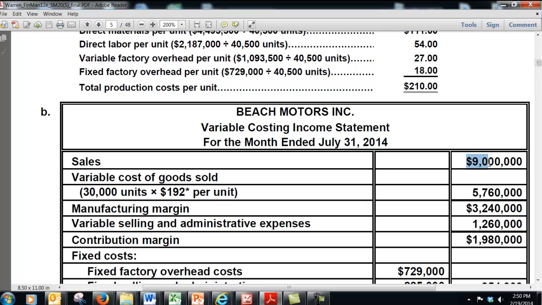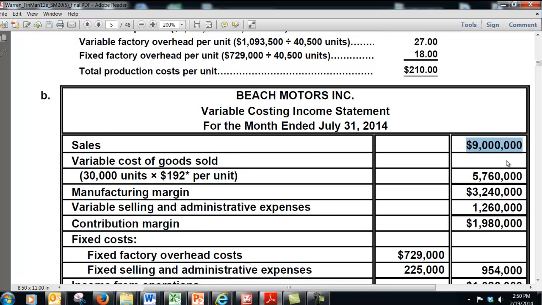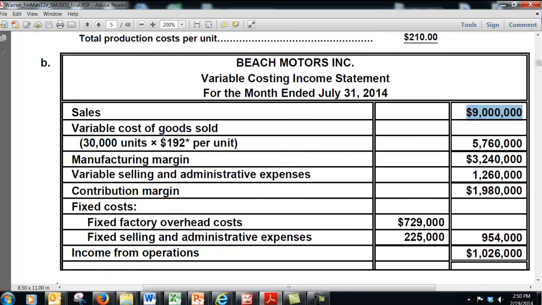So we start with our sales number. That's the same under either of those two methods, isn't it? And then we take out our variable cost of goods sold. This excludes that 18 bucks we talked about. So we sold 30,000 units times 192, which gives us $5,760,000 here.